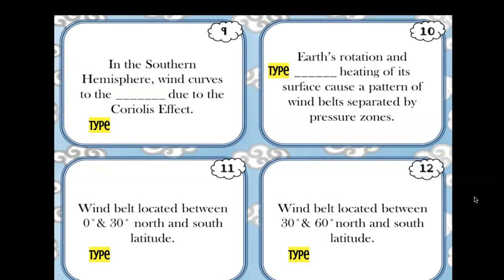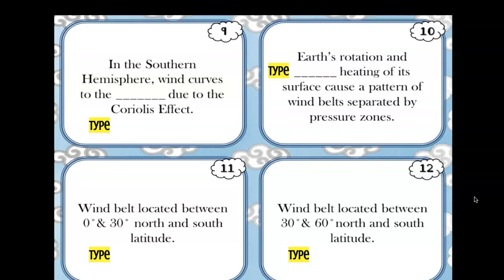So from the equator down is the southern hemisphere. In the southern hemisphere, winds curve to the left due to the Coriolis effect. So those winds below the equator curve first to the left before making its circle. Number 10, Earth's rotation and uneven heating of its surface cause a pattern of wind belts separated by pressure zones.